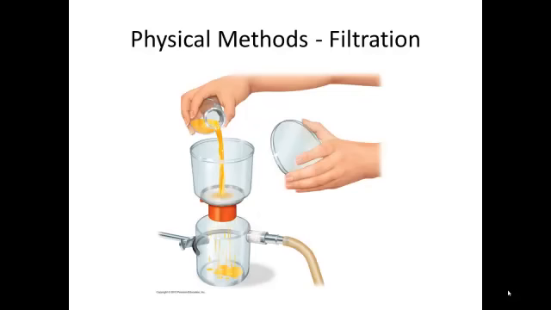HEPA filtration is the standard for sterilizing or disinfecting air in hospitals. We also have a HEPA filter in the lab, and also they've been putting HEPA filters into homes and into vacuum cleaners to cut down on dust mites and all sorts of other nasties that we don't want to be breathing in.